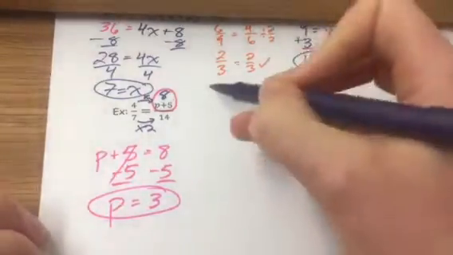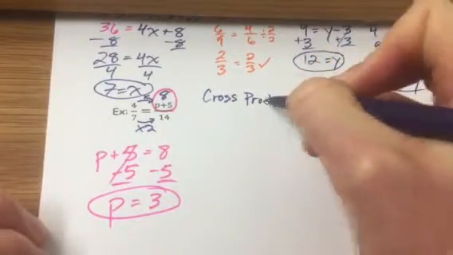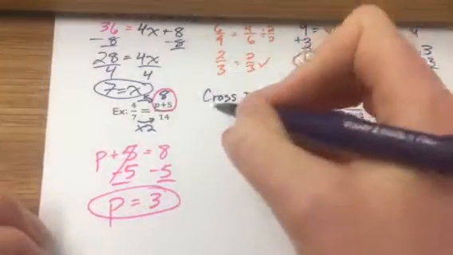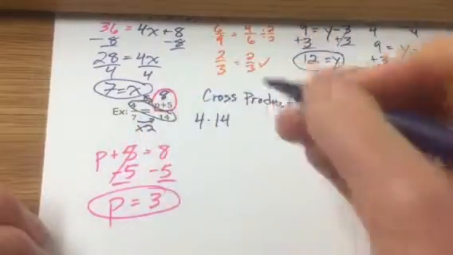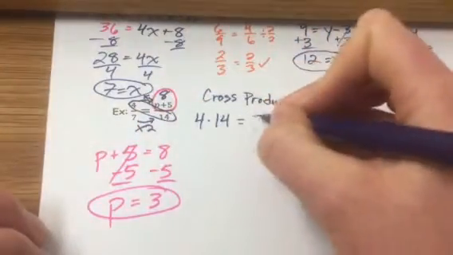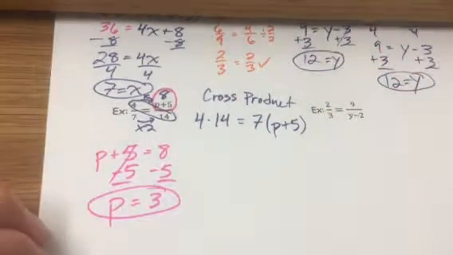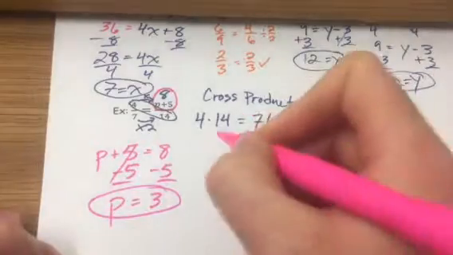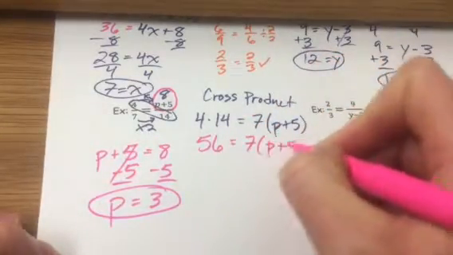Let's go ahead and use the cross product and see if we do indeed get the same answer, which we should. So if you prefer the cross product, which is totally fine, we would get 4 times 14. If I multiply these diagonals, that is going to be equal to 7 times that entire numerator, p plus 5. So that's going to be 40 plus 16 is 56 is equal to 7 times p plus 5.